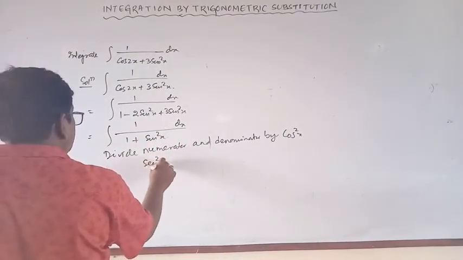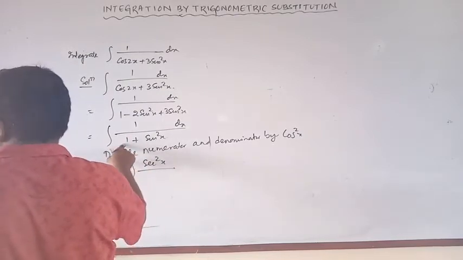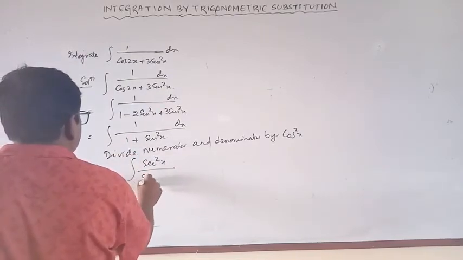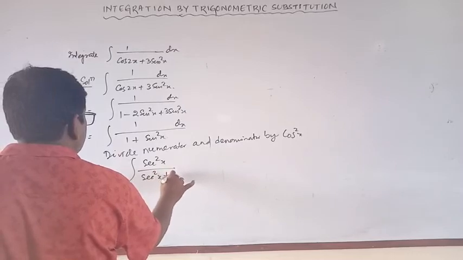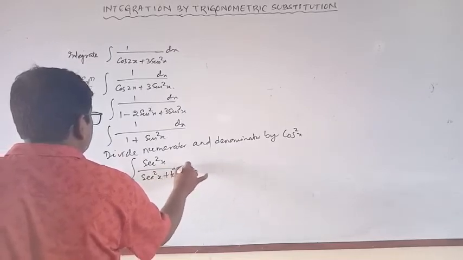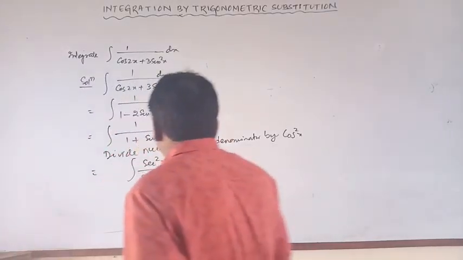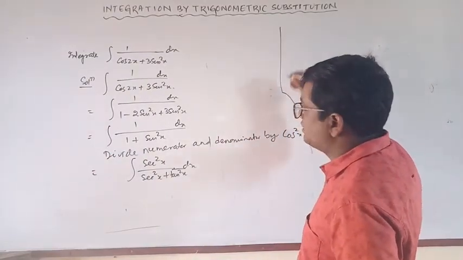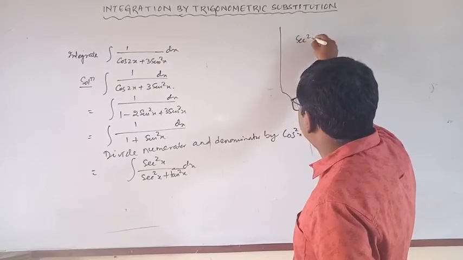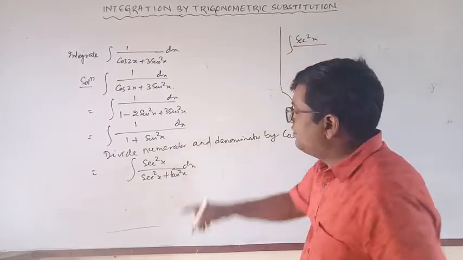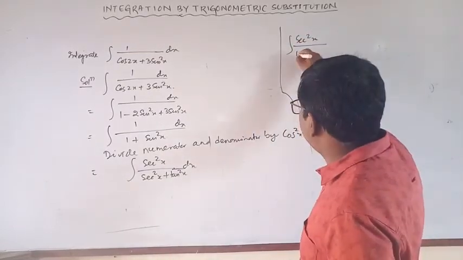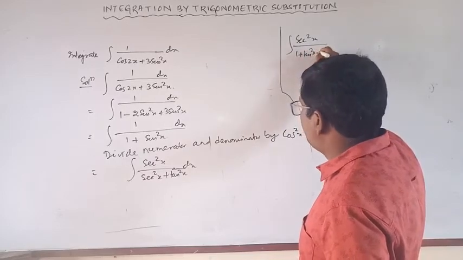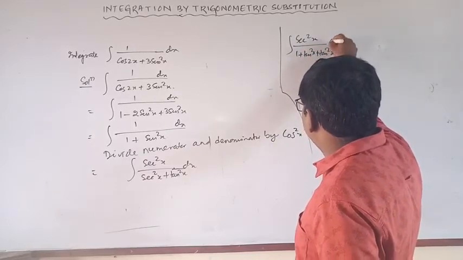Sec square x divided by 1 by cos square x means sec square x plus tan square x into dx. Now reduce the sec square x in terms of tan x. So sec square x divided by, sec square x means what? 1 plus tan square x plus tan square x dx.